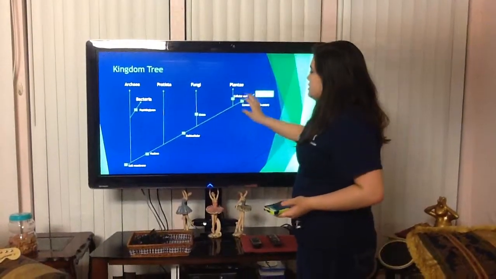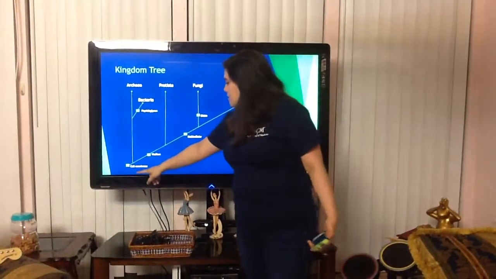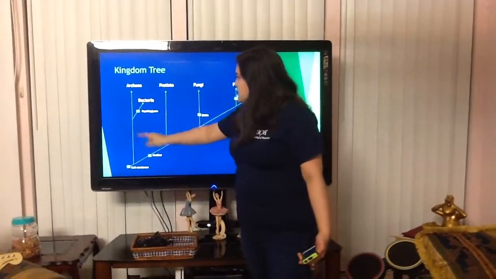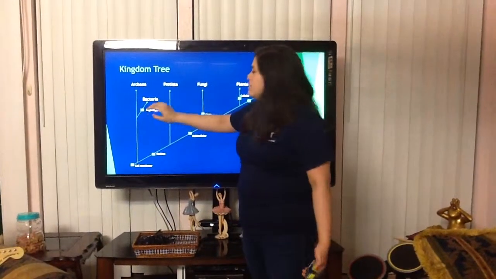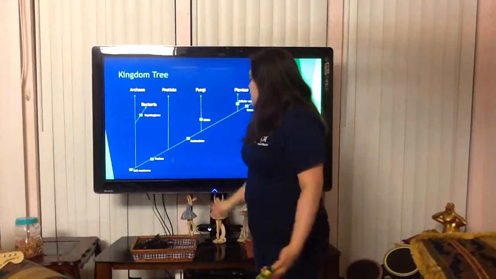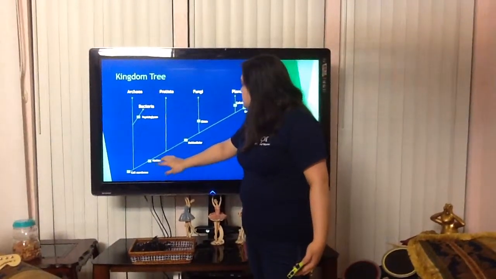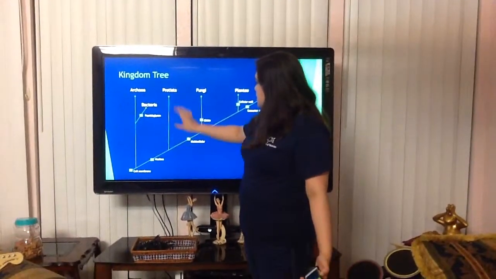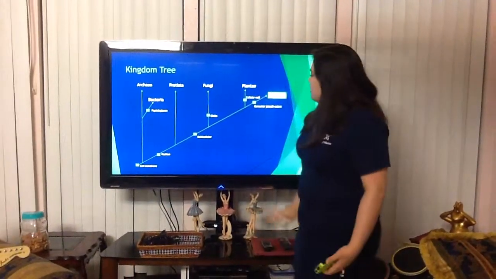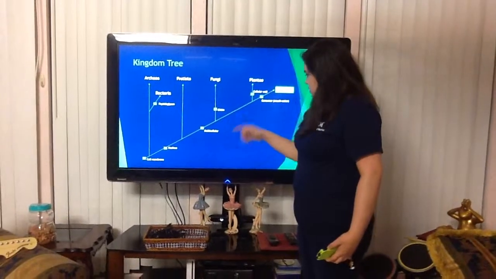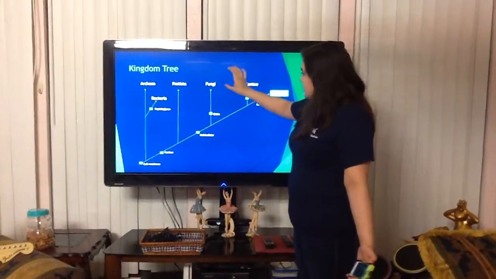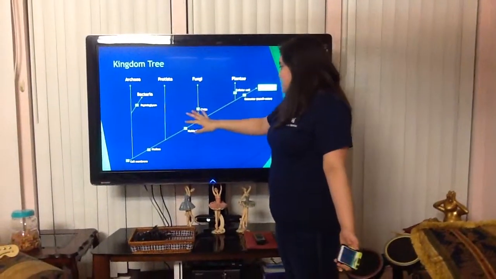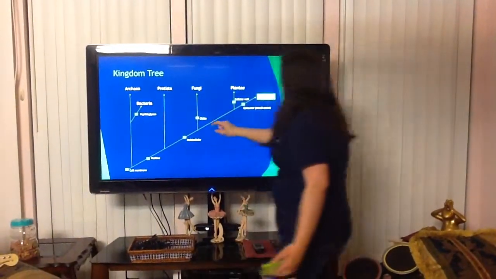Now for the kingdom tree, here we have at the very bottom the cell membrane. Following it is the archaea, and bacteria branches off because it is characterized by the presence of peptidoglycan. Next we have the presence of the nucleus, which is shown in Protista. Following that we have multicellular, and after that is the fungi, characterized by the chitin.